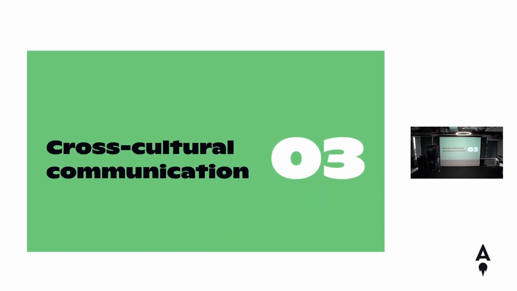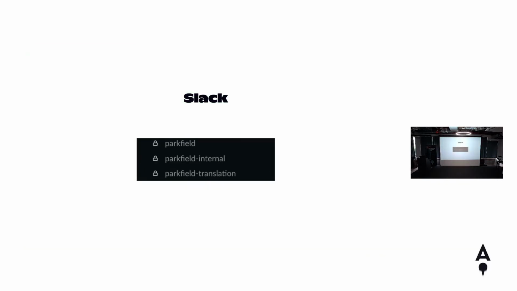And there's cross-cultural communication. Commonly we have two channels in Slack. Since we are an agency, we have the Slack channel for the client and our Slack channel where we communicate internal stuff, but then we needed to have the translations.